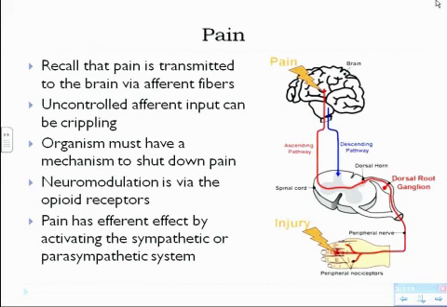Now, the outflow to this as well is a consequence of the interneuron interconnection, which is not shown here. It goes to the anterior lateral portion over here, and that's where the sympathetics are. So it's a reflex arc. When pain starts, you should expect the reflex arc to initiate a sympathetic discharge. So when somebody cuts you, your heart rate goes up.